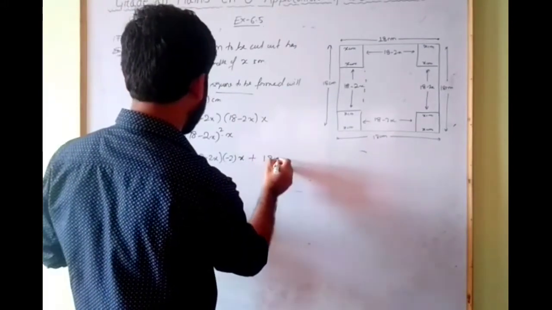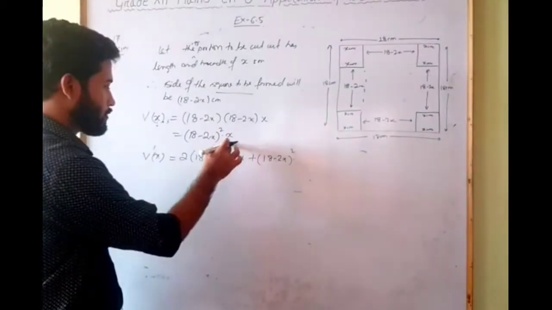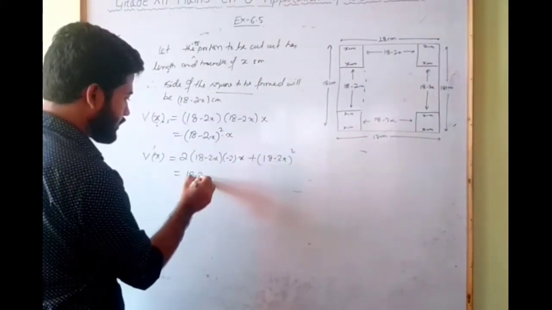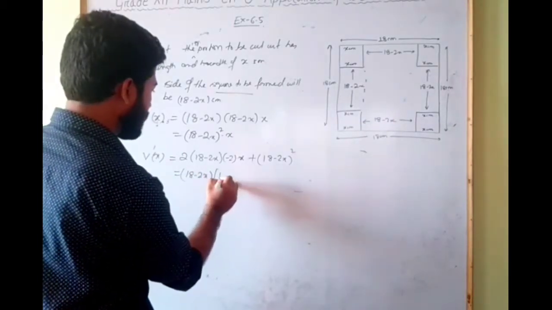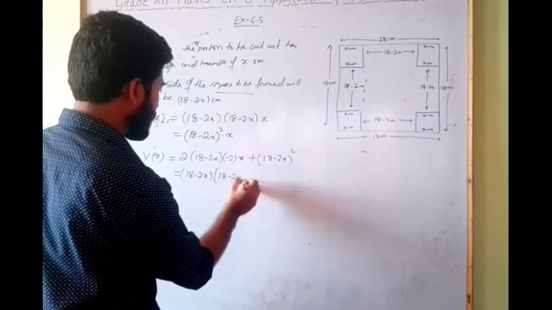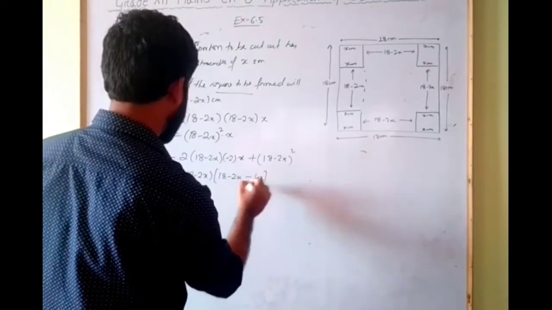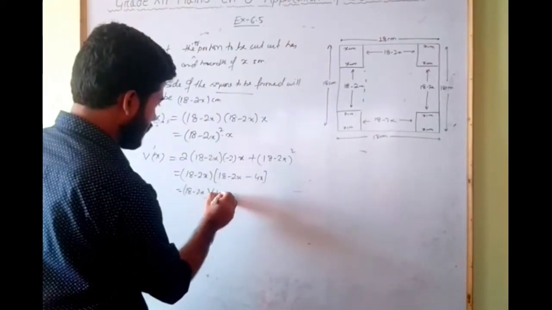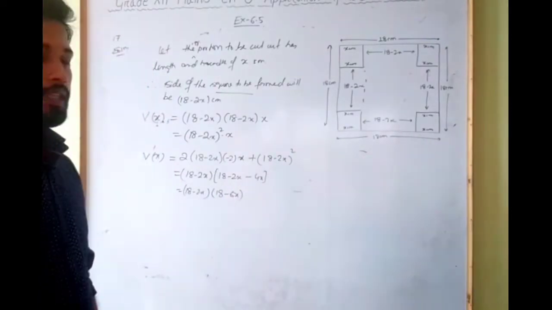Keep the 18 minus twice x intact, and take the derivative of x with respect to x, so it will be 1. Then take 18 minus twice x common, and we remain with 18 minus twice x, minus 4x. So this will give us 18 minus twice x into 18 minus 6x.